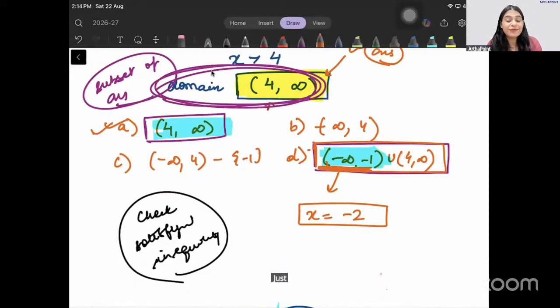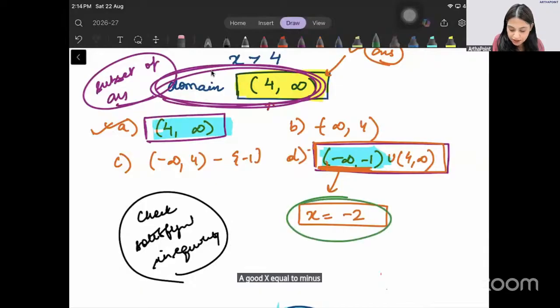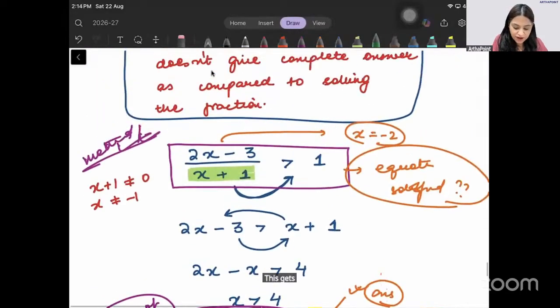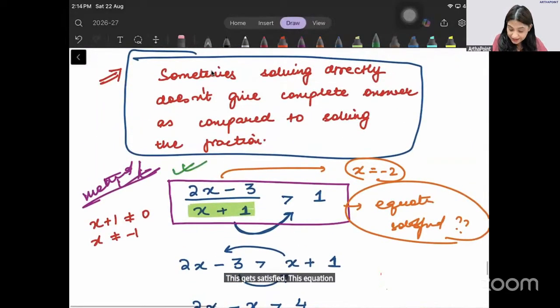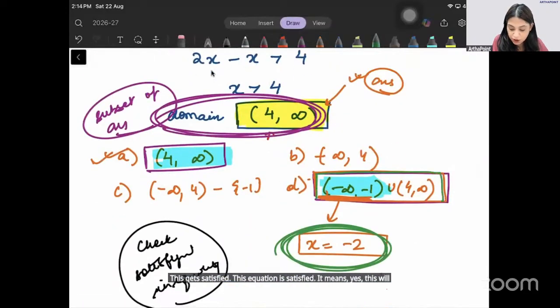Just a check from your side: pick different values of x and check. If at x equal to -2 this gets satisfied, this equation is satisfied, it means yes, this will also be part of the domain.